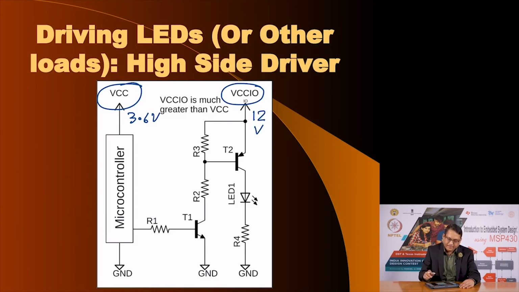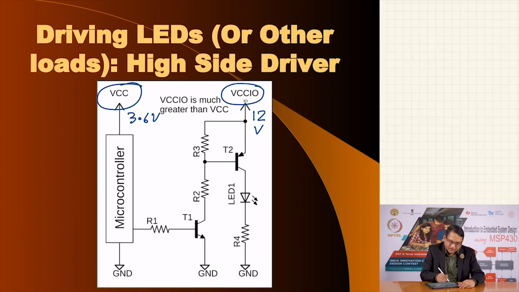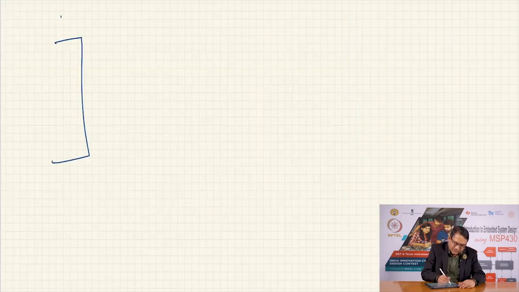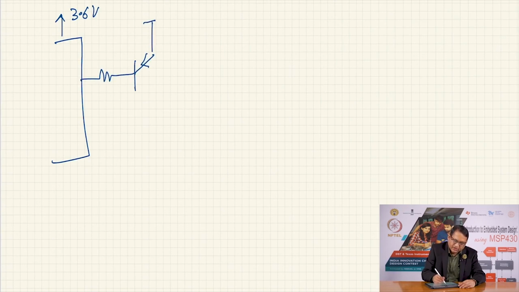And then it will never be able to turn the LED off in the normal configuration. Why? Because if my microcontroller has a supply voltage of 3.6 volts and I have this resistor, here is my PNP transistor and the supply voltage here is 12 volts, and here is my resistor and the LED.